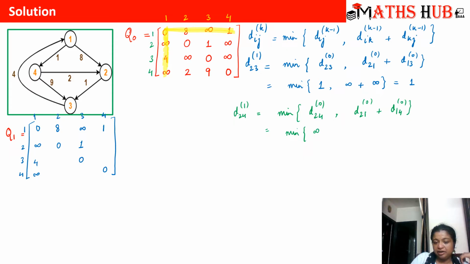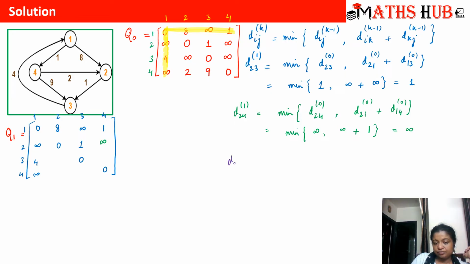D24 is infinity. D21 is infinity plus D14. D14 is 1, right? So infinity plus 1 is infinity. So the minimum of infinity and infinity is infinity. That means this place remains the same. We have infinity only.